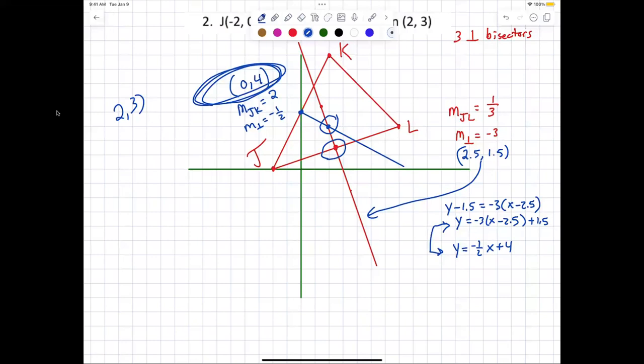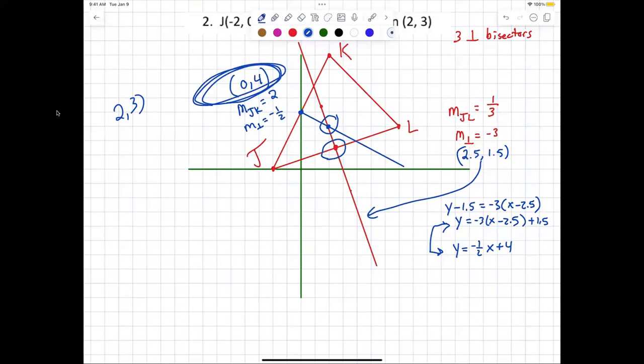Yes, ma'am. What now? We've already found the perpendicular bisectors, so why do we need to find out the slopes? So I have to create the perpendicular line. But we already did. We drew both.